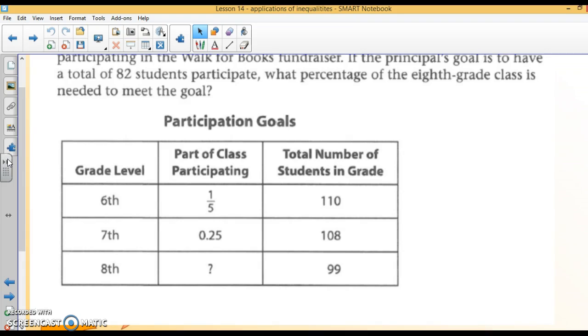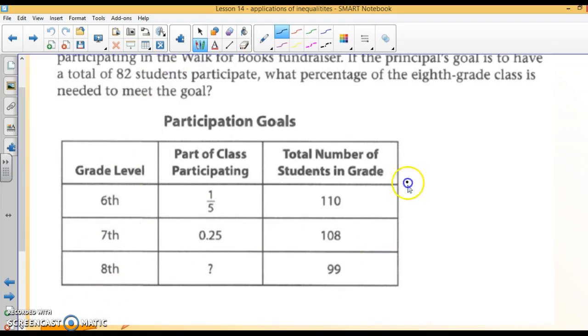All right. So the principal's goal is to have 82 students participate. So let's see how many have participated in the other classes. In 6th grade, 1/5 of the class is participating.